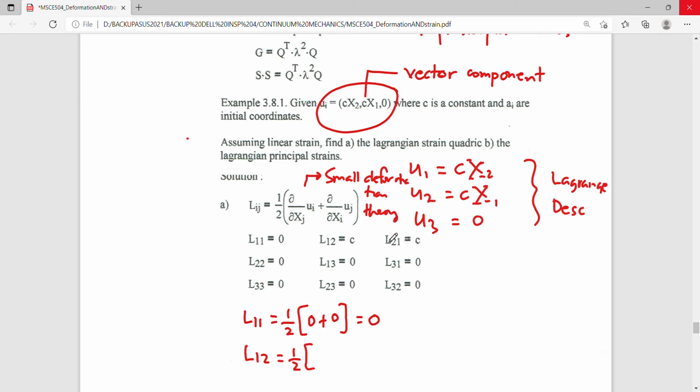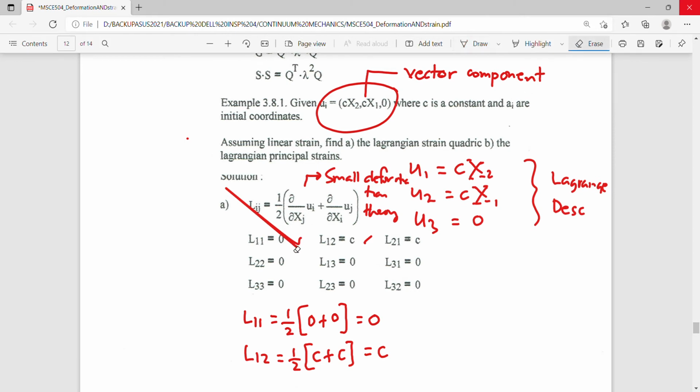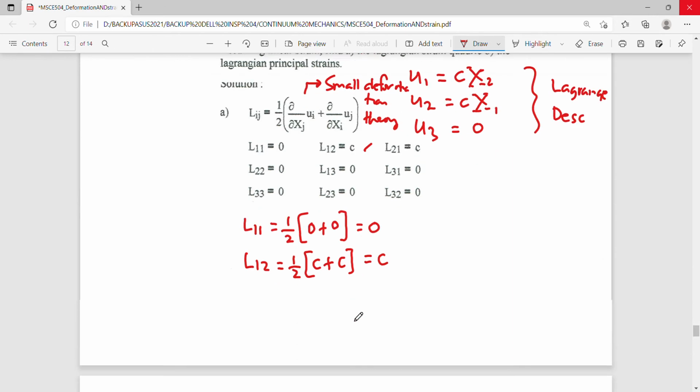The partial derivative of u1 with respect to 2 is c, plus the partial derivative of u2 with respect to x1 is c. So this becomes c.